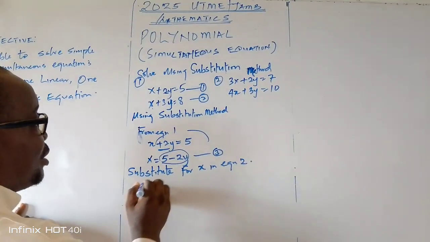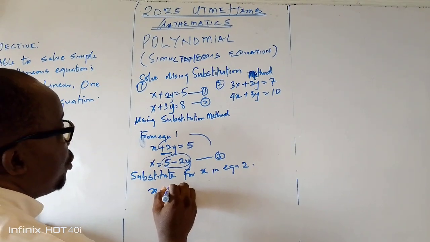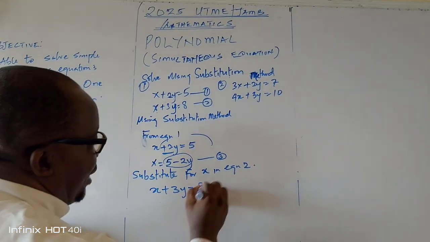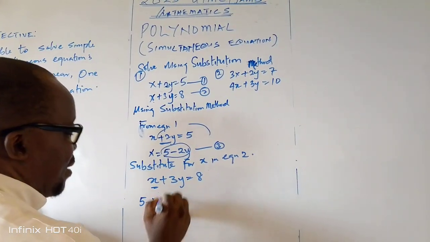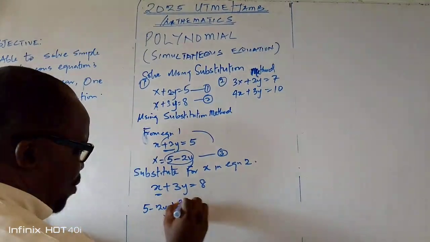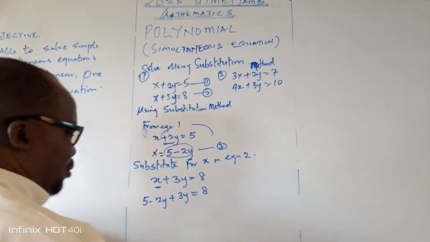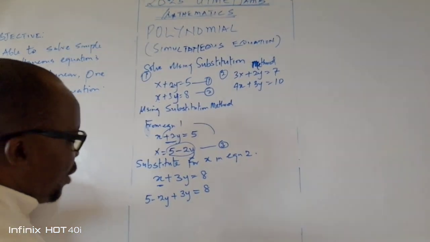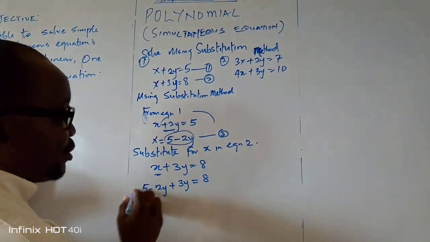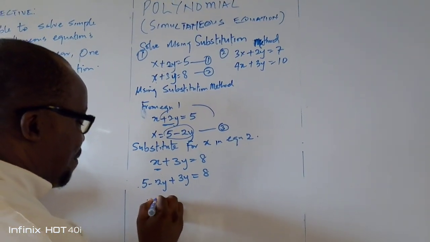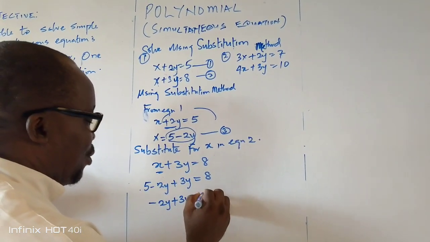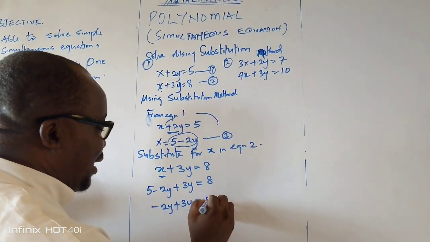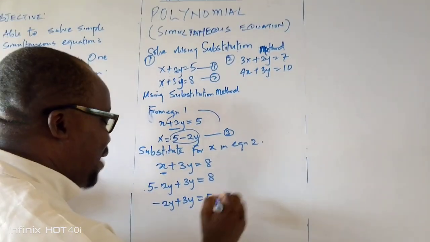What is equation 2? x plus 3y equals 8. My x now is 5 minus 2y, so 5 minus 2y plus 3y equals 8. Then this 5 is plus, and when it's coming this way, it becomes minus 5. So I have minus 2y plus 3y equals 8 minus 5.